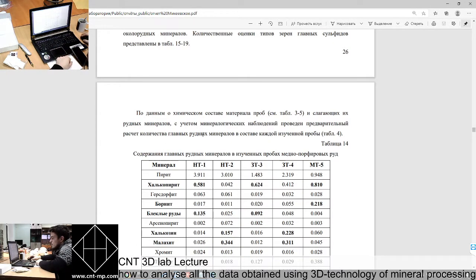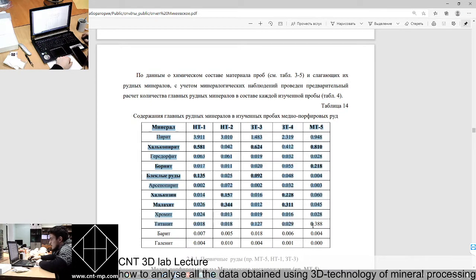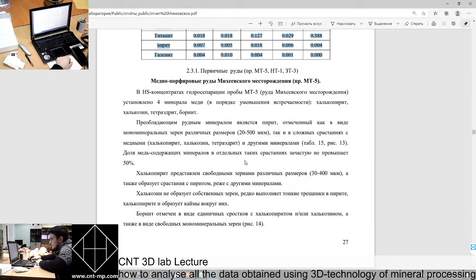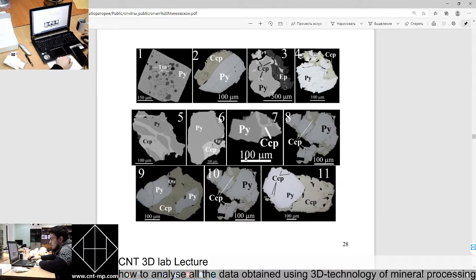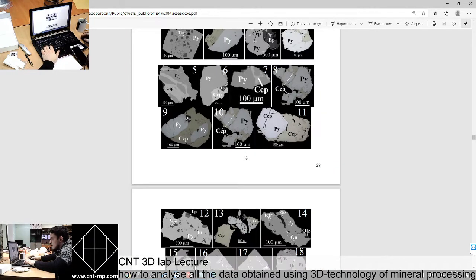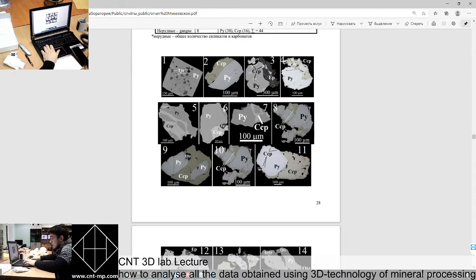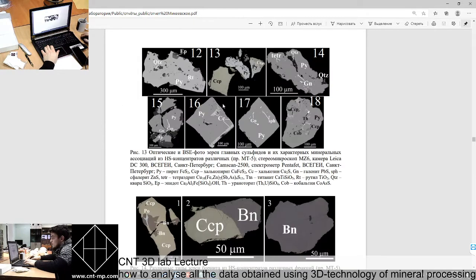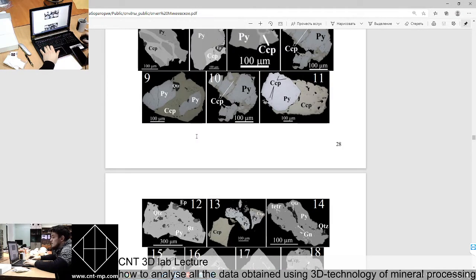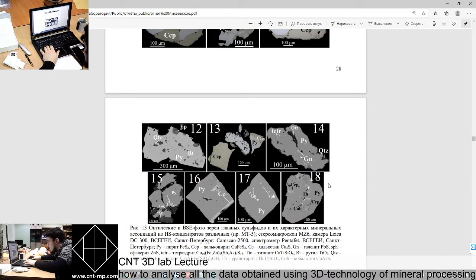This is a summarized table for mineral balance counting, and I would like to, yeah, I found that. Yeah, good. So what I'm talking about, each figure consists of several, for example, 18 microphotos, and each microphoto should be processed in a particular way.